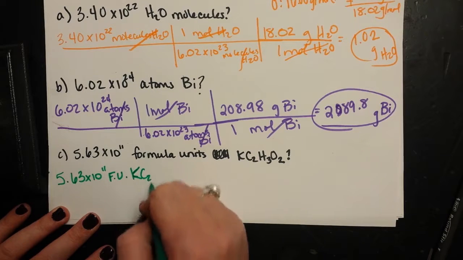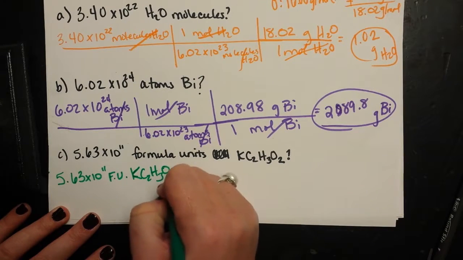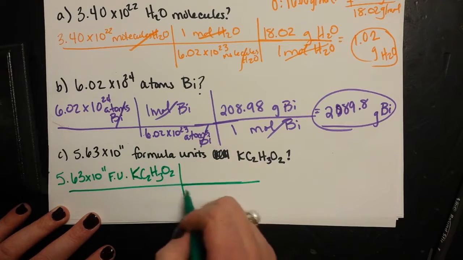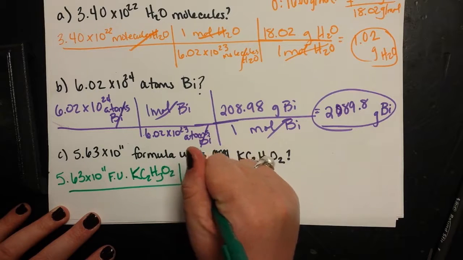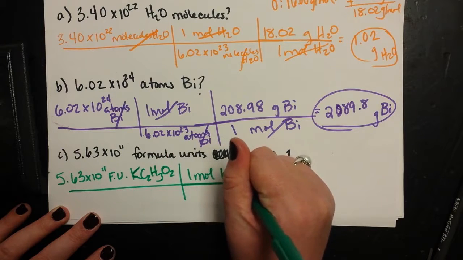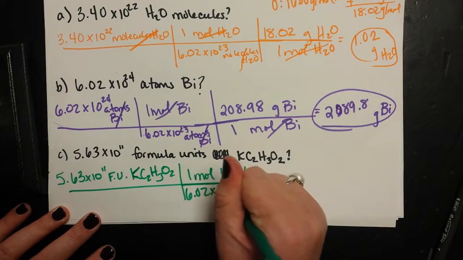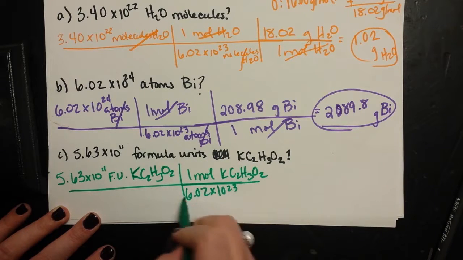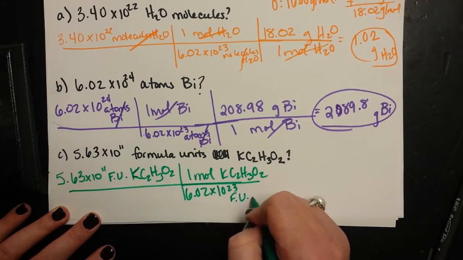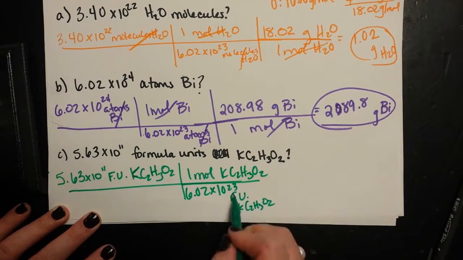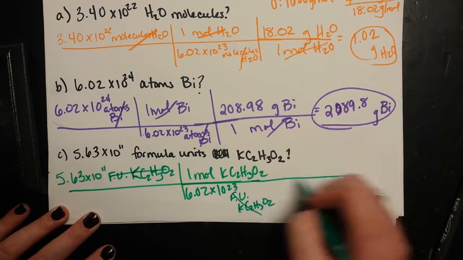You've got a metal and a polyatomic ion. I want to get out of formula units and into moles, so I can use Avogadro's number to get out of my particles and into moles. And then again, this is going to be formula units of potassium acetate. That way my formula units cancel, and I'm left in moles.